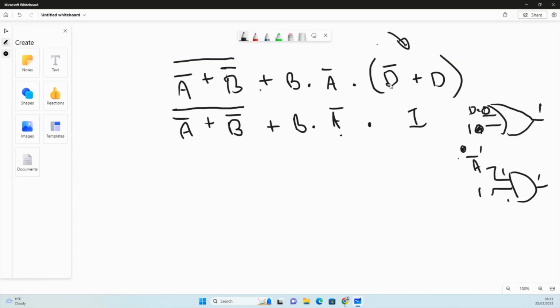If A was 1, then not A would be 0, and we'd get 0. So this is the same thing as just saying not A. So we can change that bit there into just not A.